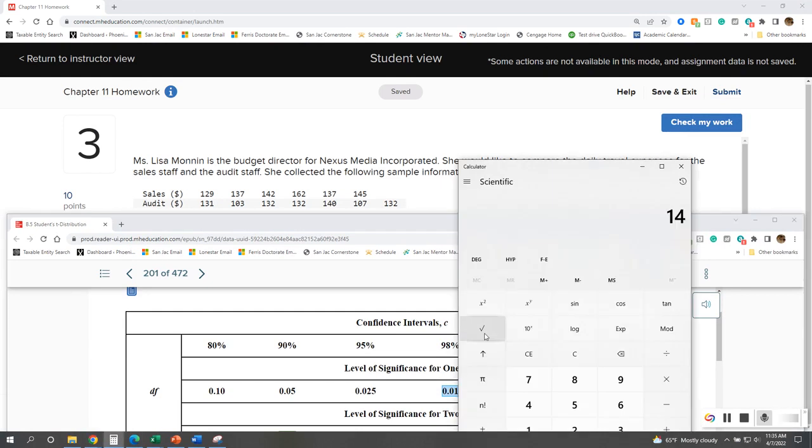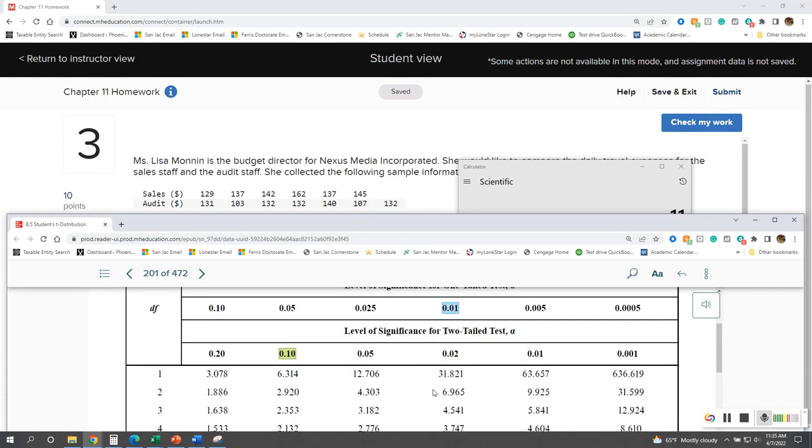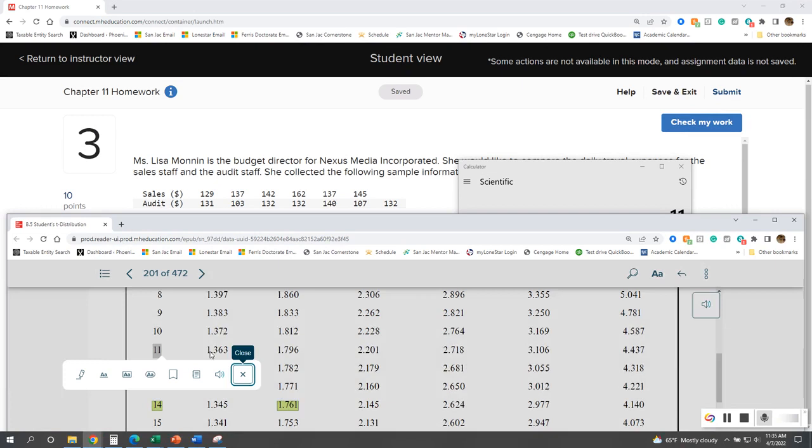So calculator: 6 plus 7, then minus 2. So it's going to be 11. So we're going to be looking at the fourth column for 11.